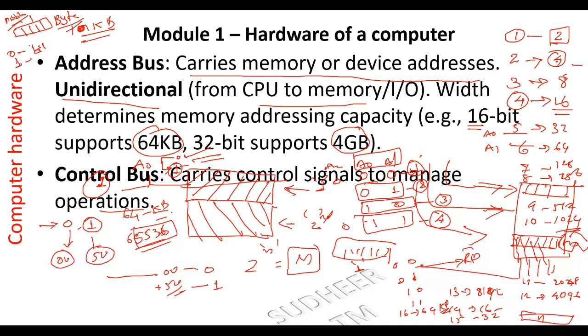All those control unit signals are carried here and there through a bus called the control bus, like read memory, write memory, read from the input device, write into the output device, or manage something else.